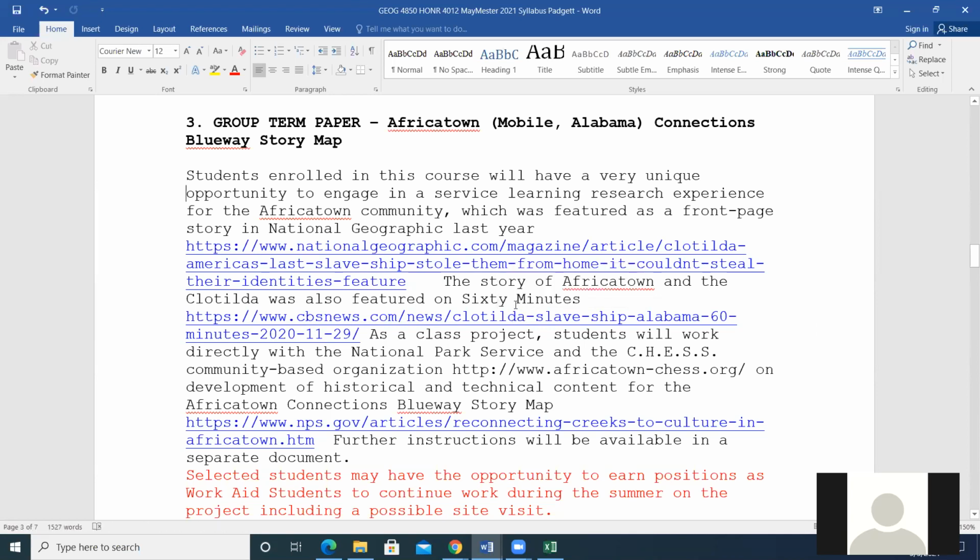And so you might think, well, great. Africatown, Mobile, this is wonderful, but, well, let me put it this way. If you were to go to Mobile, Alabama right now and go to Africatown, what you will find there is not tourist ready. Let's just say that.